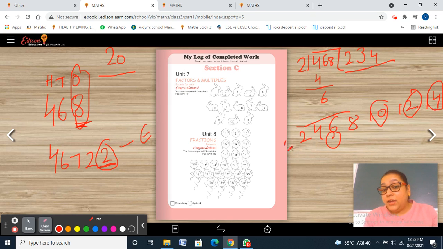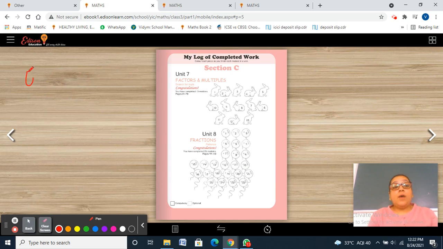So you have to check for 0, 2, 4, 6, 8. If the ones place value is 0, 2, 4, 6, 8, then your number is an even number.